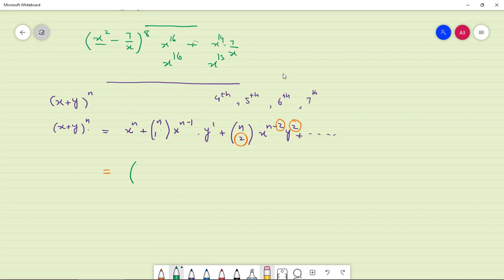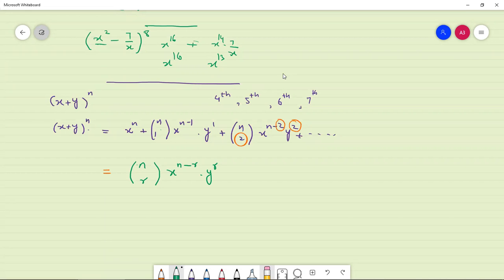The only thing which is changing is 1, 2 and 3. So we can write nCr, then x power n minus r, and then y power r. Okay, why do I replace these numbers 1, 2 and 3 with r? Let me tell you.